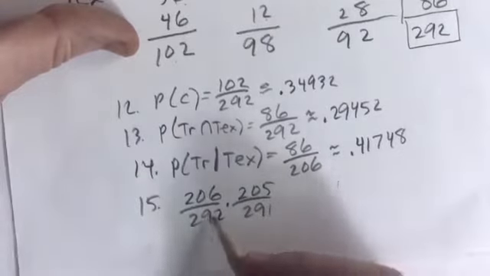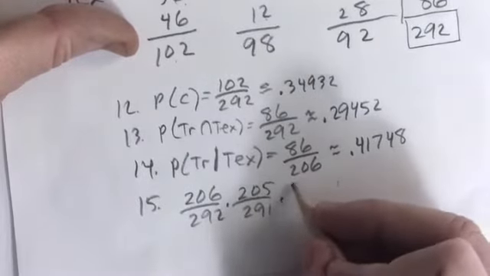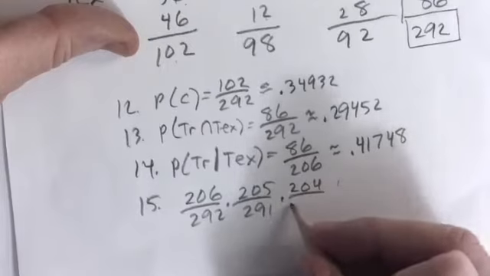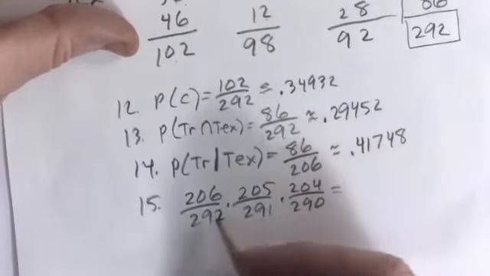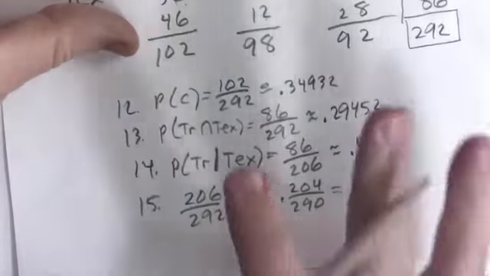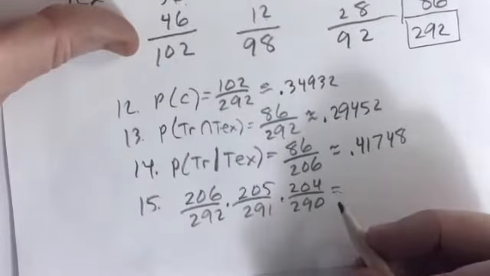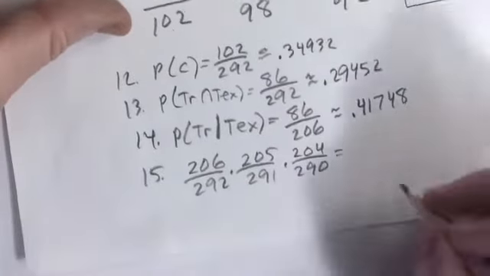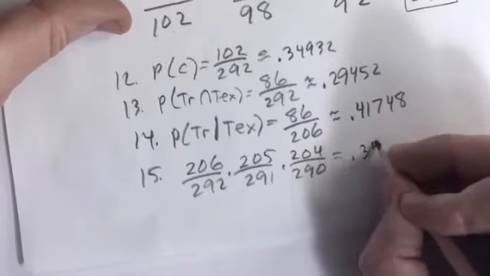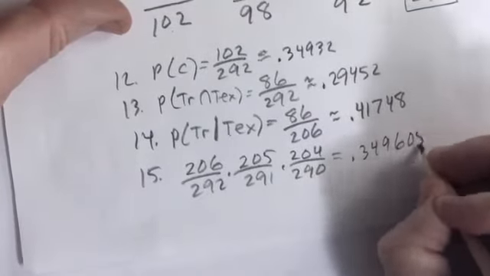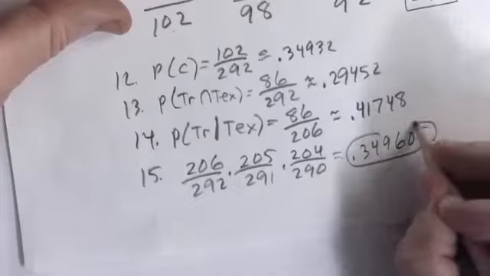And then given the first 2 are from Texas, the probability the third one's from Texas, there's only 204 of them left. And there's only 290 total of them left. So you multiply those 3 things. When it's probability of a multiple event, you multiply. And so when you multiply those 3 things, you get 0.349605. So about a 35% chance that will happen.